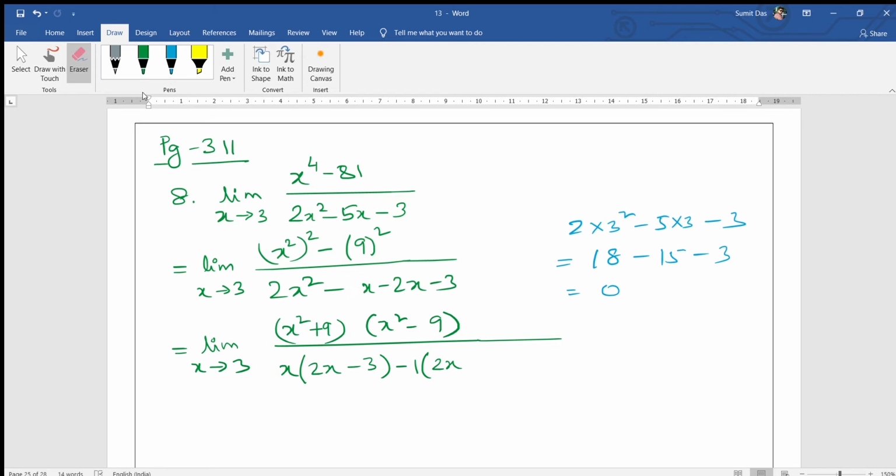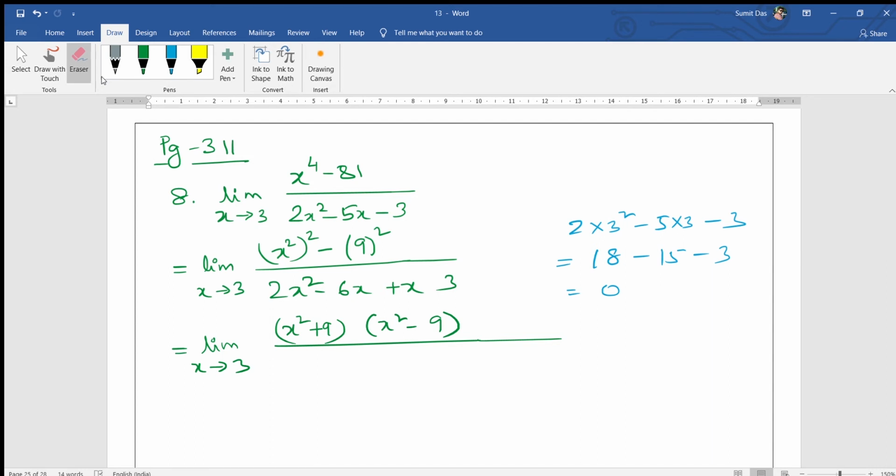We have to break it as 6x plus x. Okay, I made a mistake actually. Here 5x equals, we have to break 6x plus x. Otherwise it will not work. Understood? So be careful about this one.